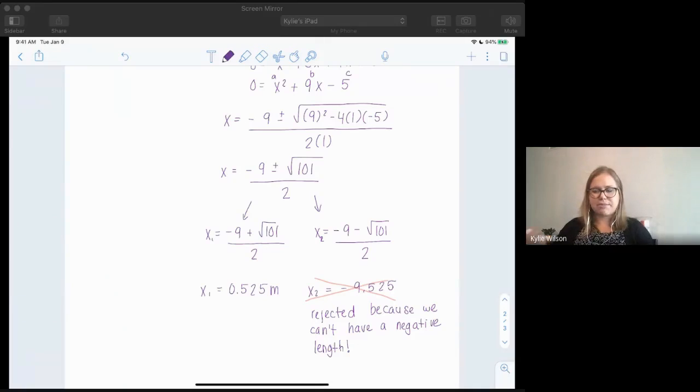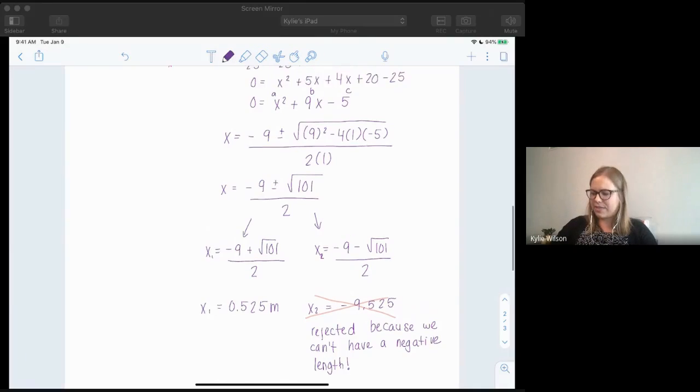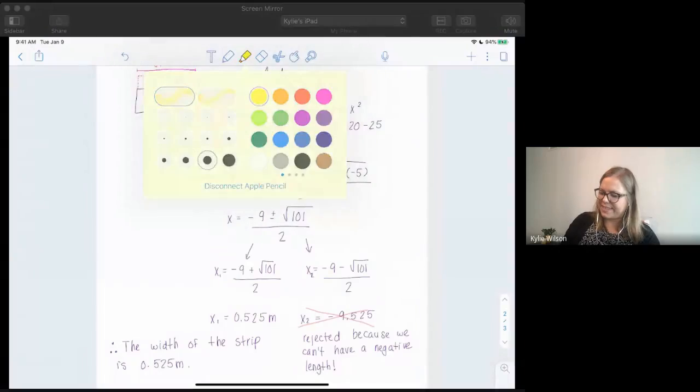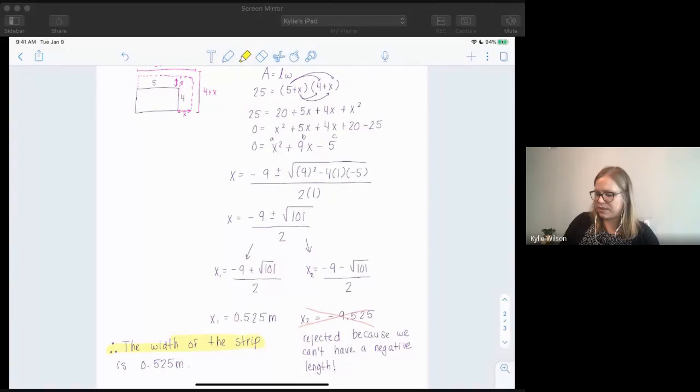So what that means is that the x value we're looking for is 0.525 meters. So we can say, therefore, the width of the strip is 0.525 meters, like this. And that is our final answer.